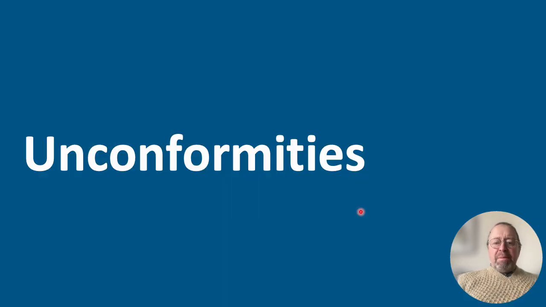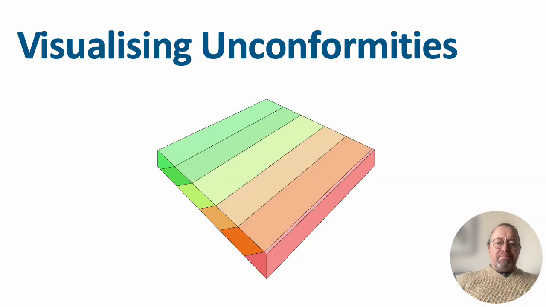So let's think a little bit more about unconformities here, what they might look like on a geological map. And you can imagine that if we have a bedded sequence here, and you were to tilt these and then erode it, you would end up with this stripy pattern running across relatively flat topography here.